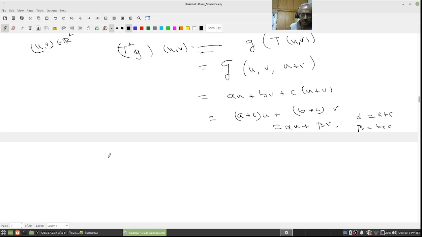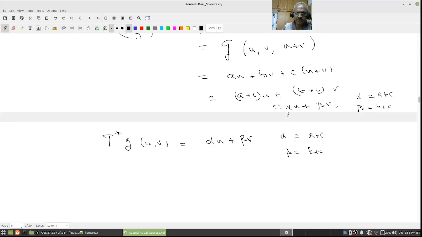Therefore T star of G acting on (u, v) is this map, alpha u plus beta v, where alpha is a plus c and beta is b plus c. I hope I did not goof anywhere. Just go through it.